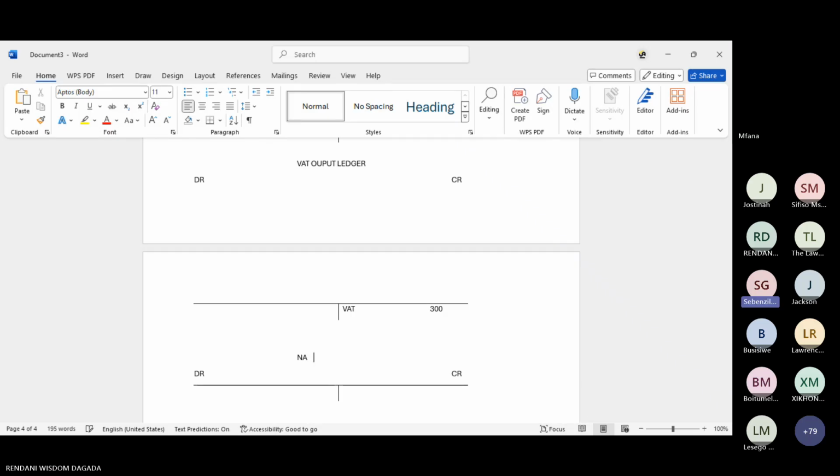Why does the transaction say debit? I got lost there. Why does it say debit? Yes. How do I explain this? Maybe it was debited on the bank statement.